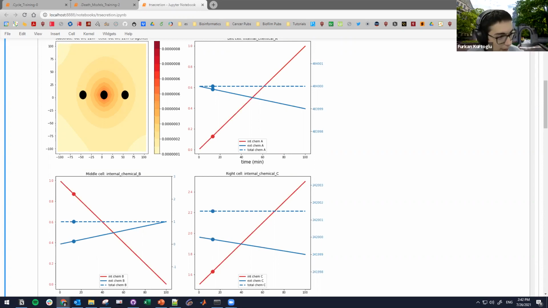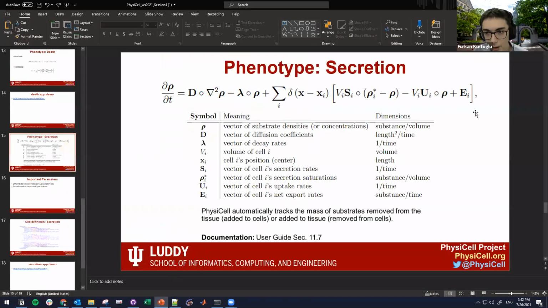Okay, I just want to explain Connor's question. Can you define export? Sure. So we have secretion and uptake rates, and those rates are in units of per time, because we are multiplying by the concentration of the substrate and volume to have a substance per volume. We don't want to make more calculations about net export rate, especially for the molecular part.